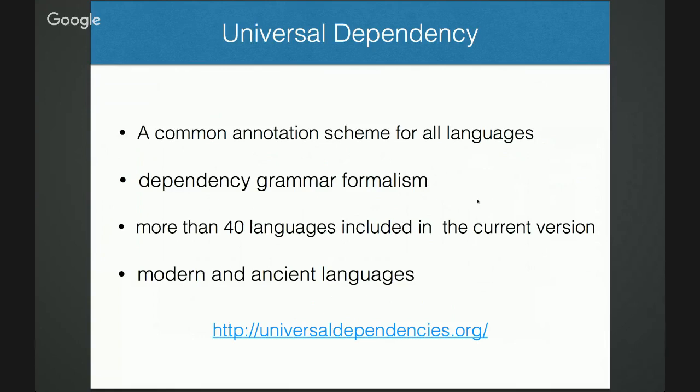I think that this is really pretty cool. So if you are, for example, looking for some data for a specific language, both modern and ancient languages, you can go on the website of Universal Dependencies and see if you can find something, because you are very likely to find your language and to find data on which you can work.